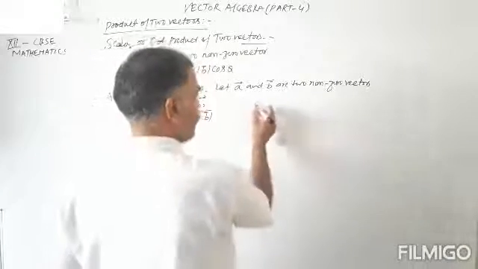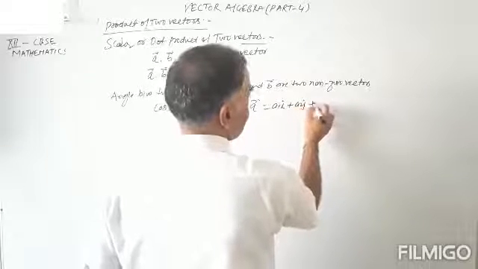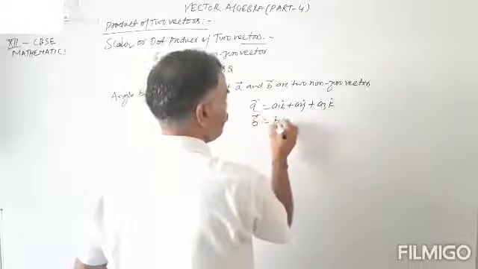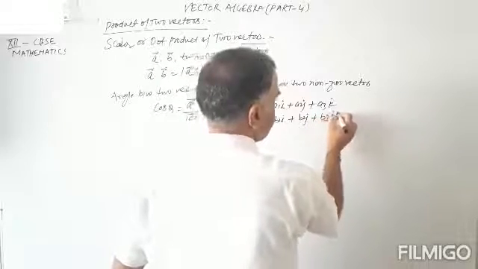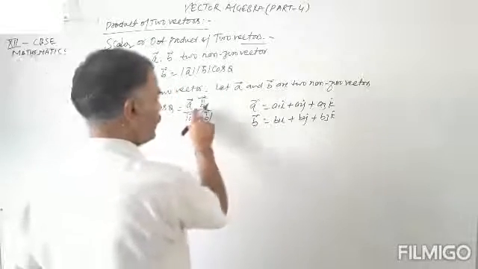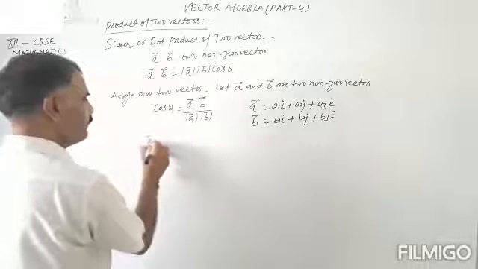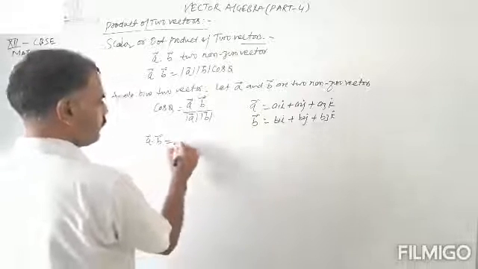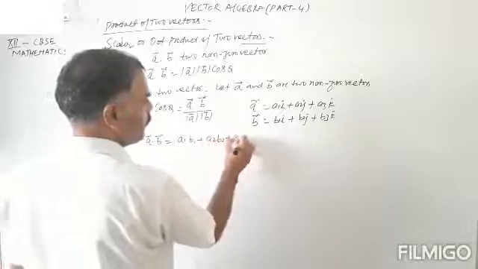If a vector equals a1 i cap plus a2 j cap plus a3 k cap, and b vector equals b1 i cap plus b2 j cap plus b3 k cap, then for cos theta we first find a vector dot b vector. So a vector dot b vector equals a1 b1 plus a2 b2 plus a3 b3.